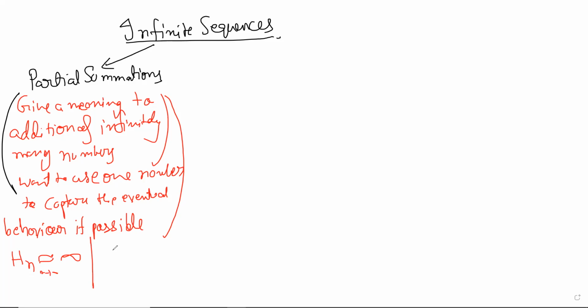If you are looking at something like a geometric progression, then you know that the answer is 1 if it's half and so on, right? Otherwise, this should be Gn plus 1, right? If you want one number to capture the behavior of this, then it is 1 by r minus 1.